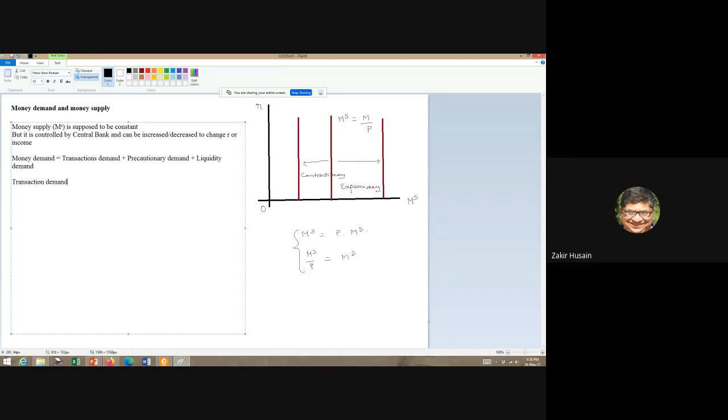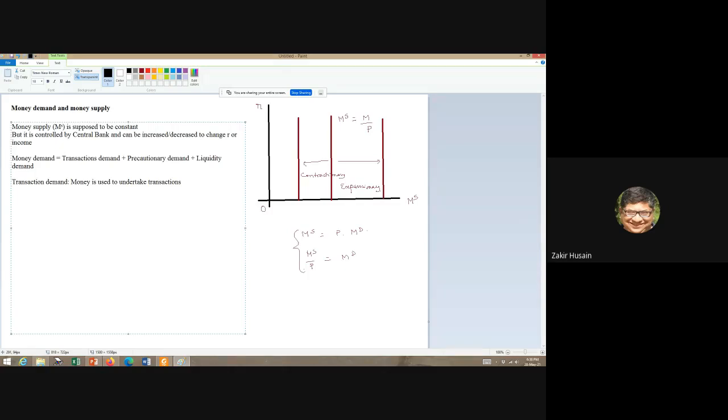Now, remember the definition of money. Why do we require money? Money is used to undertake transactions. So, let us say that when you return home at the end of the month or at the beginning of the month, you have got, let us say, 1000 rupees.